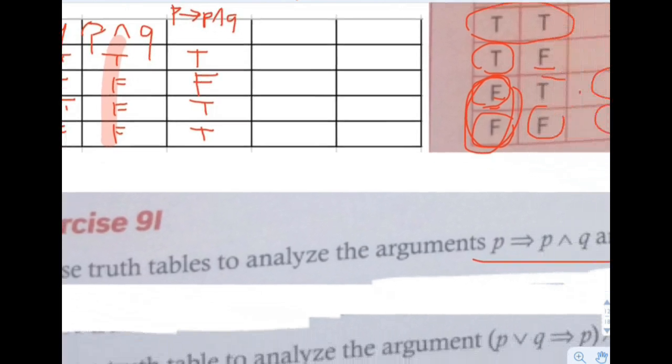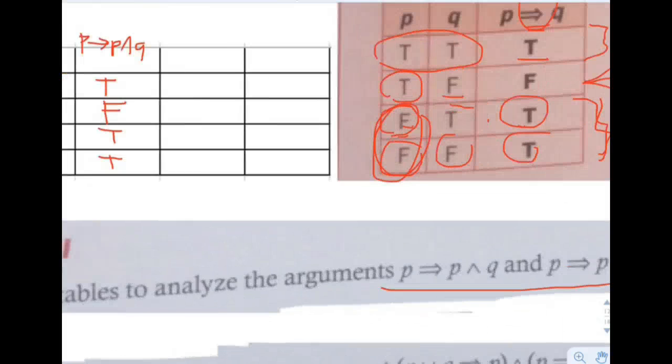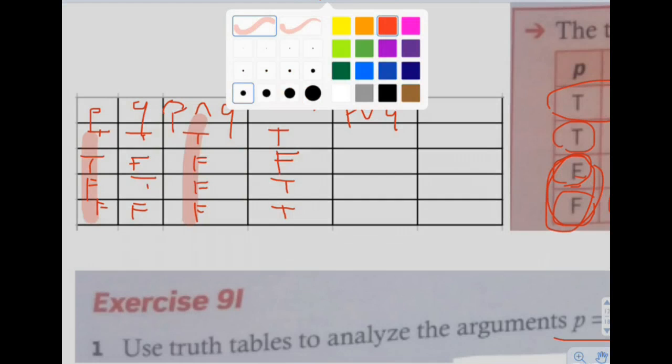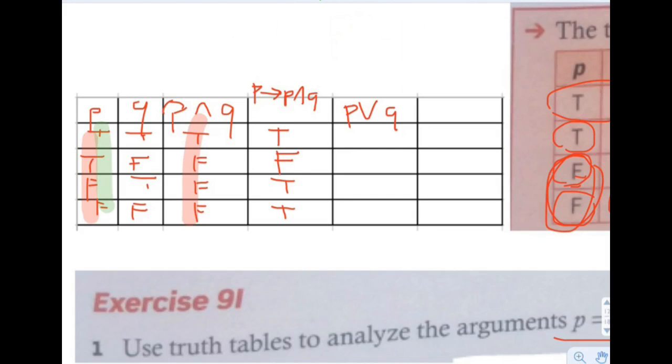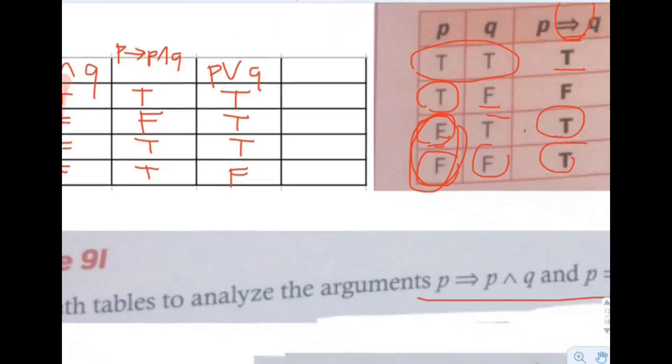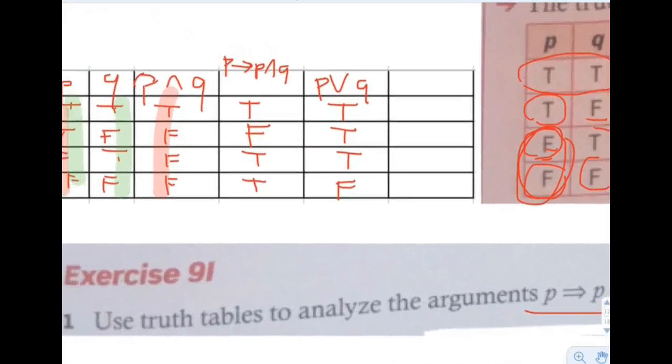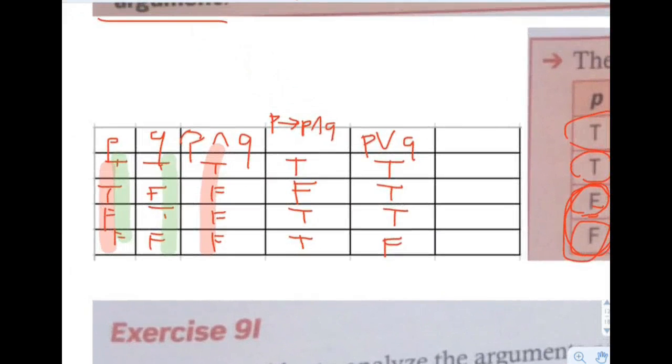Okay, then now we have P implies P or Q. So we're going to find P or Q. We're going to compare this one and this one, and whenever we have one or two trues, it's always going to be true. So we'll have true, true, true, and the last one is going to be false. And then we say, does P imply P or Q?